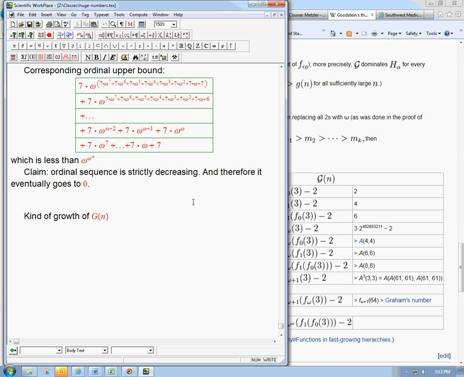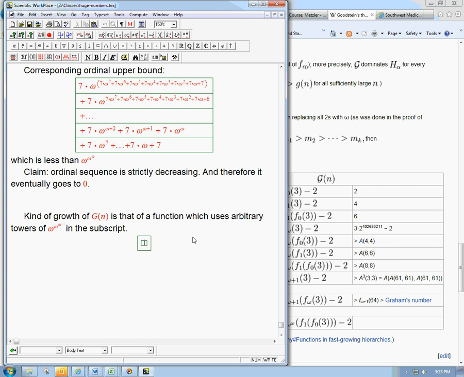The kind of growth of g of n is that of a function which uses arbitrary towers of omega to the omega to the omega, etcetera, in the subscript. Okay, but that's the diagonalization idea.